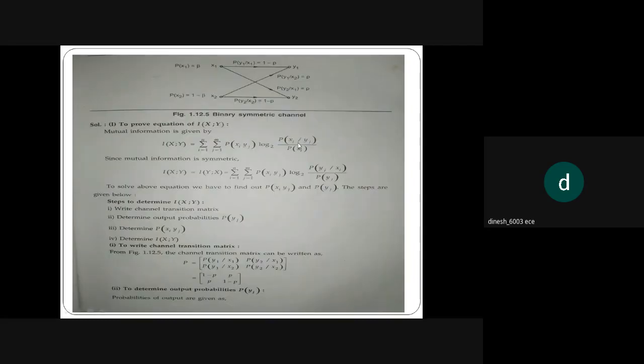So bring it here, log to the base 2. We have p of y2 over x2. We'll go back and see p of y2 over x2. It is 1 minus p, divided by p of y2. P of y2 is 1 minus alpha.